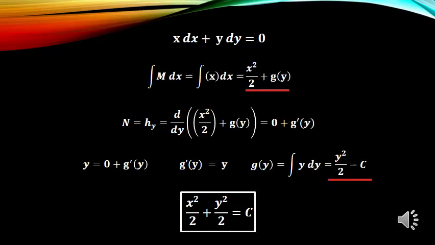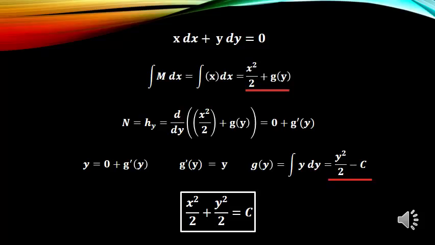x^2/2 is eliminated, and the derivative of the function with respect to y is equalized to y because it's the value of N. Here the derivative of g with respect to y is integrated, and the result is y^2/2 plus a constant.